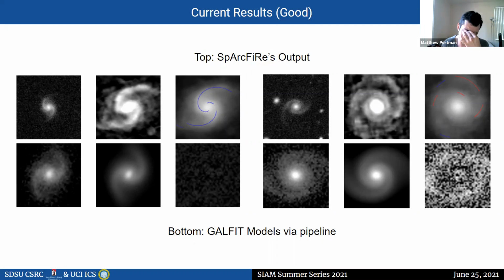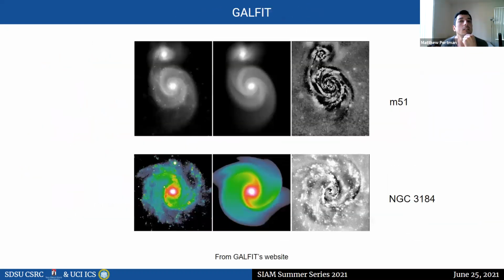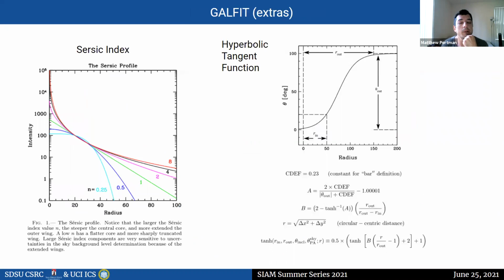If I want to give you a more formal definition, I'd use the one given by Chien Peng, who wrote Galfit, which really is a functional form with the hyperbolic tangent function. I think that might be the best way.